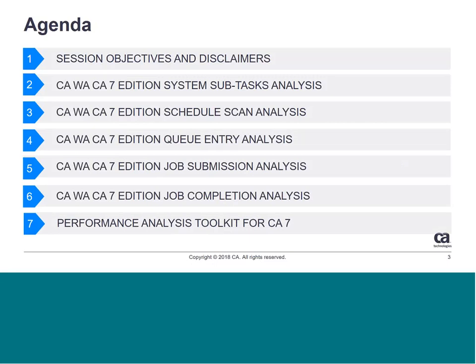And then I'll go through various areas around the main CA7 ONL task, and subtasks within that: the various functions, general system subtasks, schedule scan processing, job entries into queues, job submission, job completion, and so on. So we've got a fair bit to work through today, so I'll get cracking.